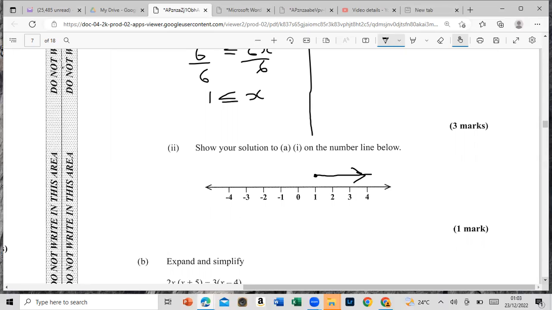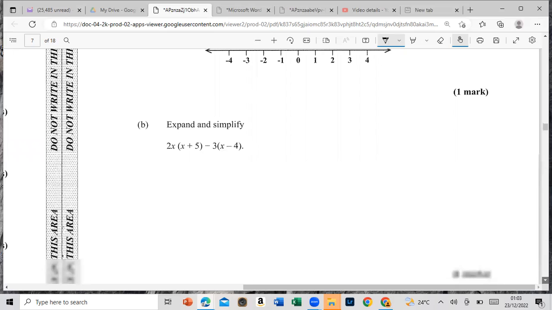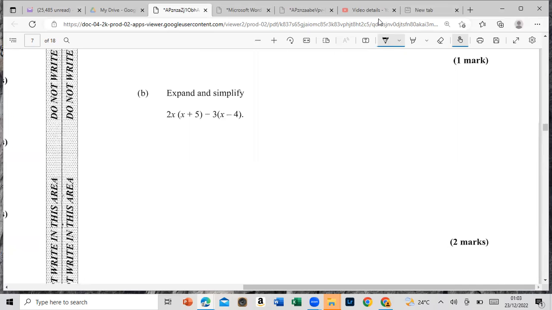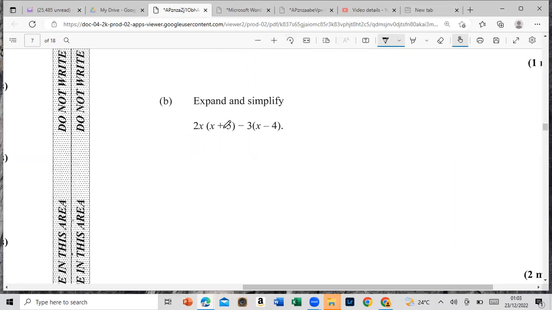Let's move on to the expansion. It says expand and simplify. So we're going to expand by multiplying first and then simplify. 2x times x would be 2x squared. 2x times positive 5, that's positive 10x. Minus 3 times x gives us minus 3x.